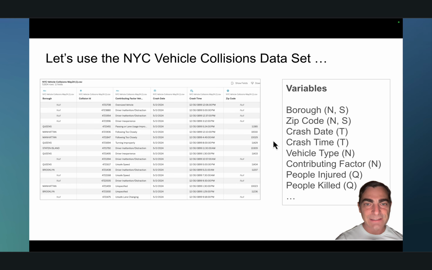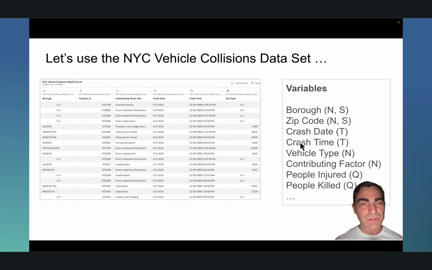In this data set, every single row represents one collision in New York City. And for every collision, we have a large number of variables. In particular, we have the borough where the collision happened, the zip code, the crash date, the crash time, the vehicle type, the contributing factor, the number of people injured, number of people killed, and so on.